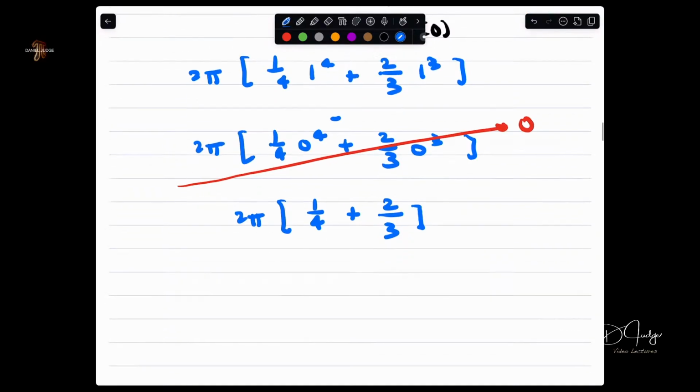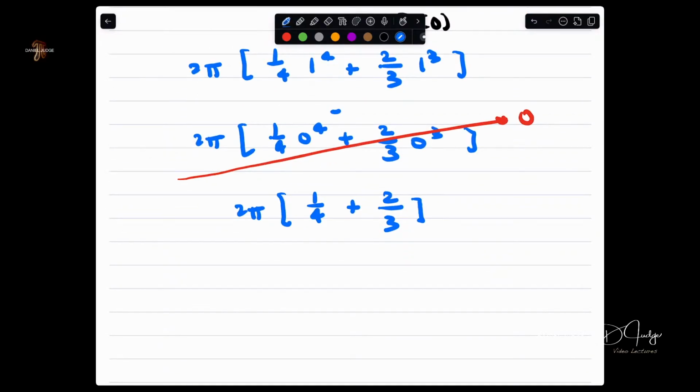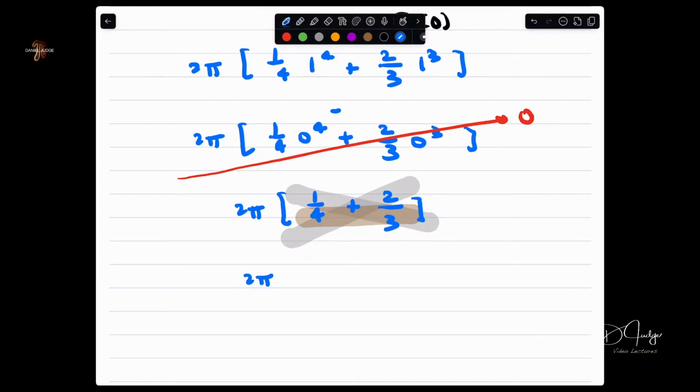All right, now let's use that algorithm, that shortcut formula for adding unlike fractions here. We're going to cross multiply, and then multiply on the bottom there. So here's what we get: 3 plus 8 over 12.